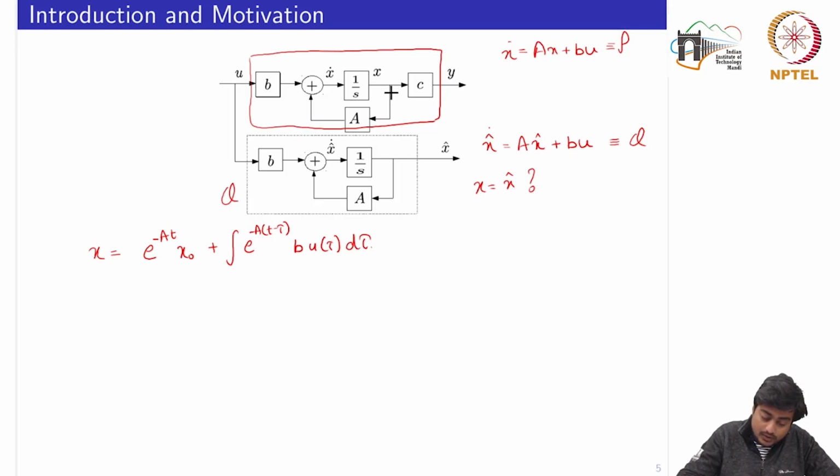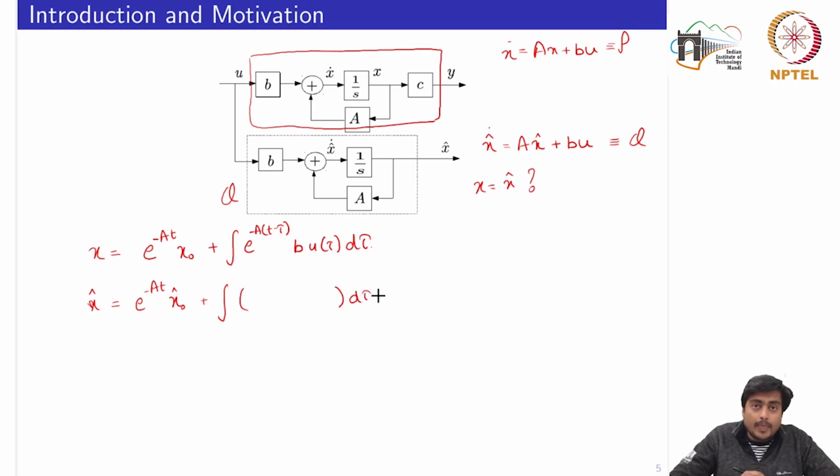Okay, this would be the solution of this plant, and the solution of the observer, let's say, is x hat. This part would remain the same as it is.